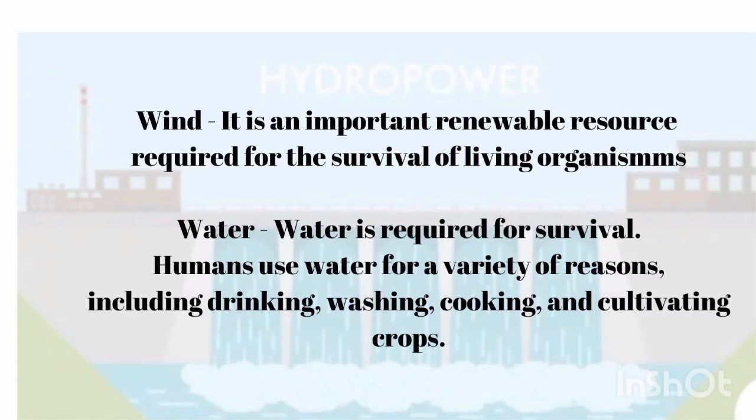Number 2 is wind. It is an important renewable energy resource required for the survival of living organisms. Air is important to carry out photosynthesis, the process by which green plants turn carbon dioxide and water into food using energy from sunlight.